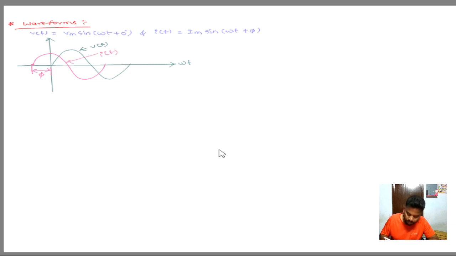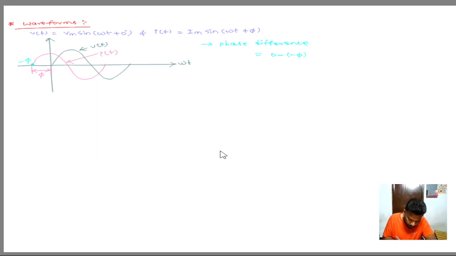Suppose you want to calculate the phase difference between voltage and current. Phase difference is equal to 0 minus of minus 5.